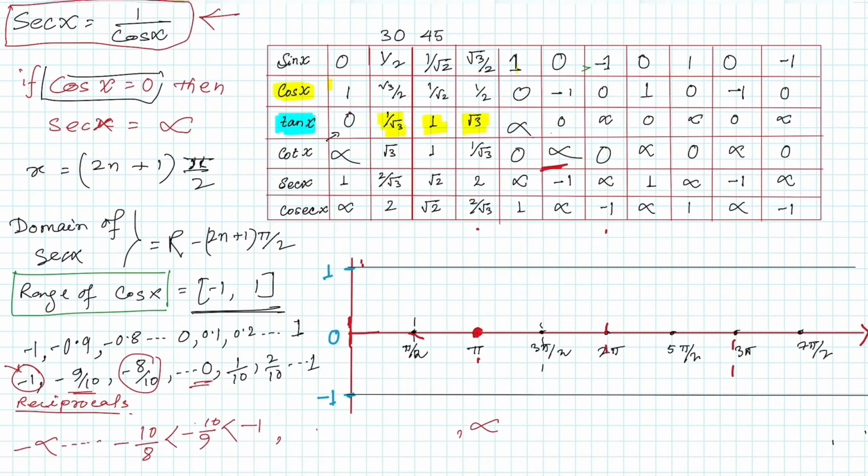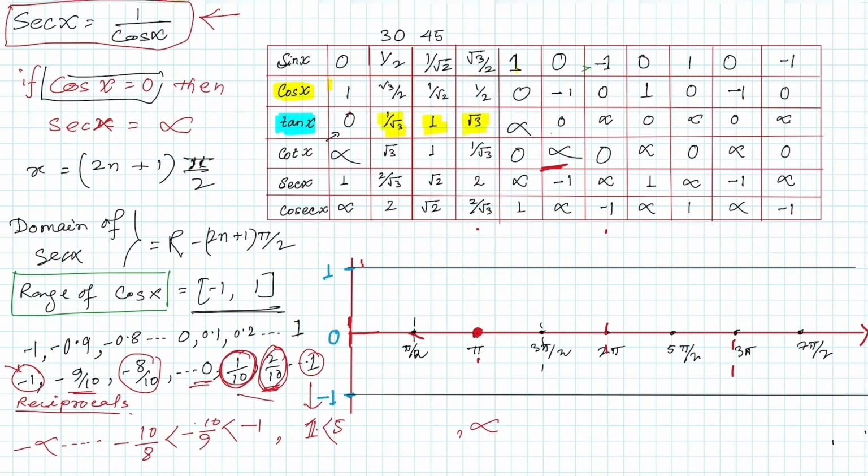Let us write here. So then here you see +1, reciprocal of 1 is 1. Then reciprocal of 2 by 10 is 10 by 2, which is equal to 5. 5 is greater than +1.